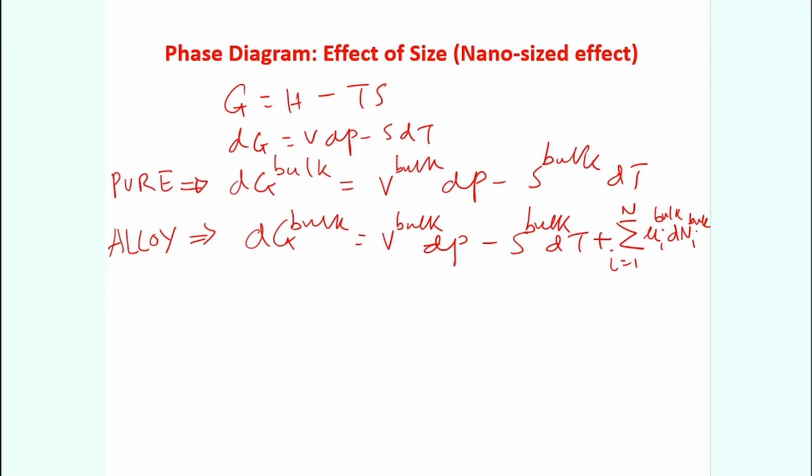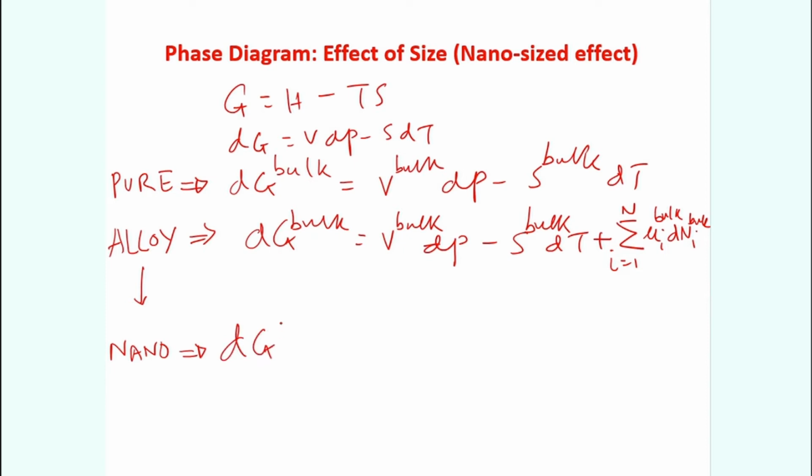Okay. So, now correct, but what about the same thing for an alloy at the nanocrystalline size? Nanocrystalline size means very small size. What will happen? You have to add some extra term.